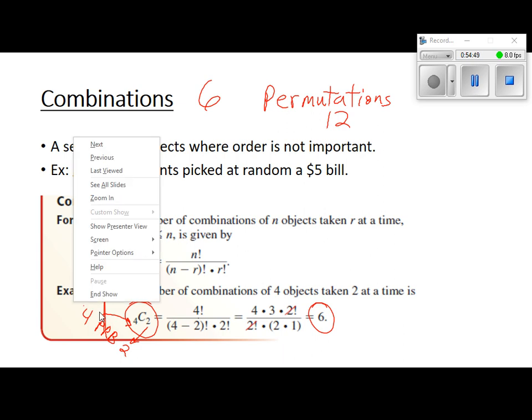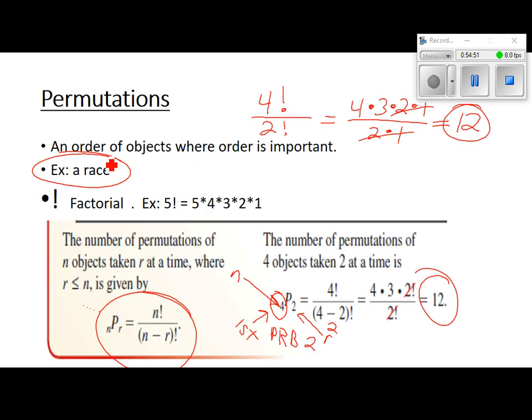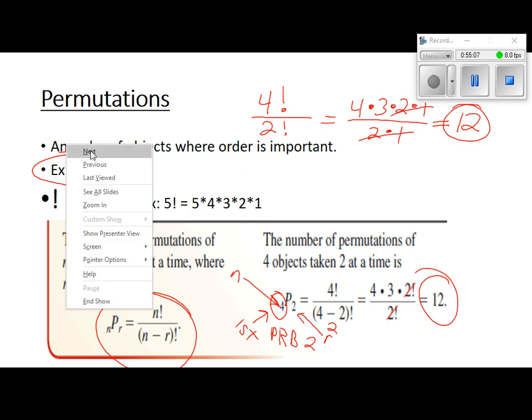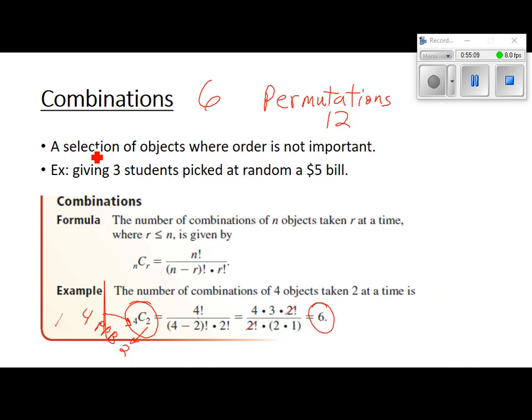Now, if I do a permutation, and I'm going to pick 3 names out of a hat, and the first name I'm going to give $10, the second name $5, the third name $1, then do you care which order your name gets picked? That's a permutation. Where you don't care when your name gets picked, that's a combination. So again, your calculator will do the permutations and the combinations.